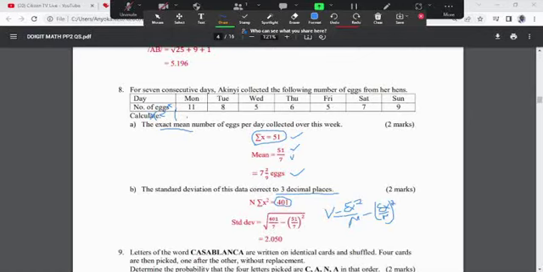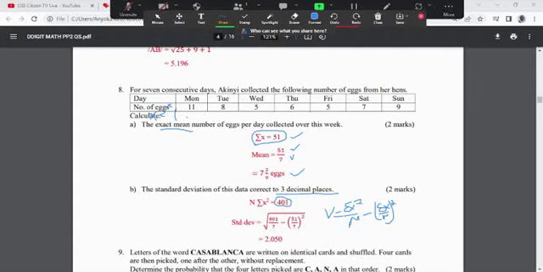So the sum of x squared, we get this, then we divide by n, then we subtract the square of the sum of x over 7.